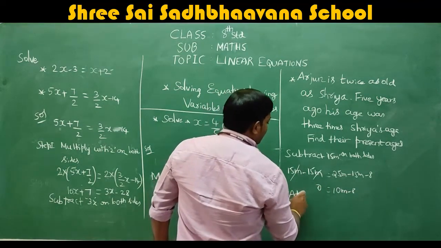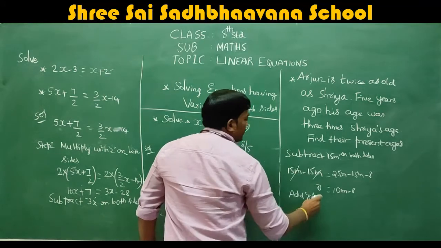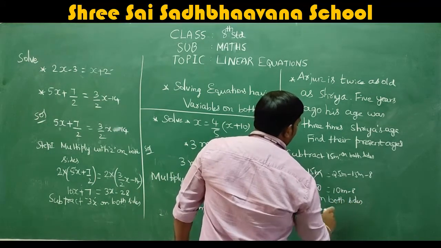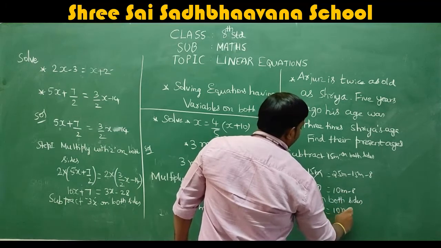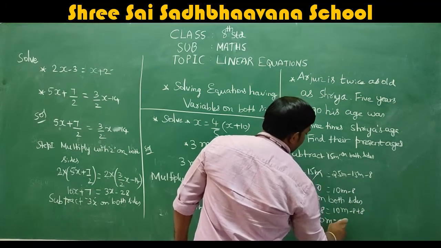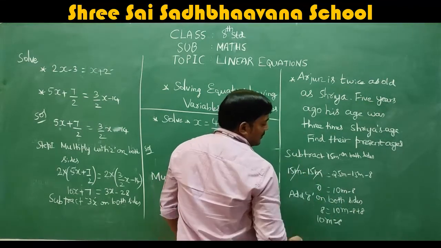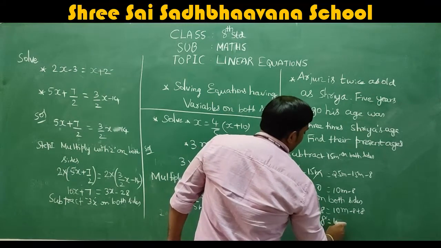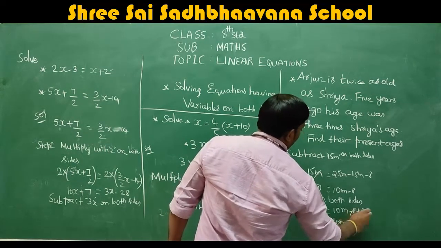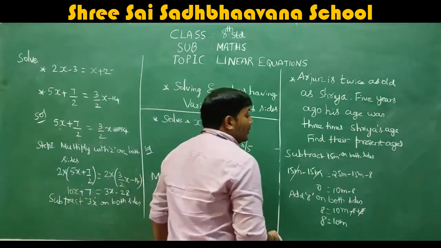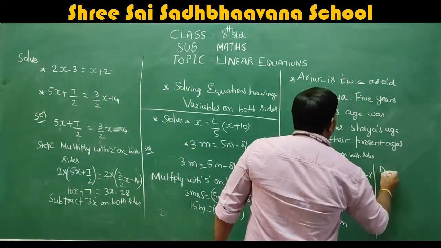Now add 8 on both the sides. Okay, if you add 8, what happens? It becomes 8 is equal to 10m minus 8 plus 8. So 10m is equal to 8, we can write. You can change this. Okay, are you getting confused? Leave it. No problem. Write 8 is equal to 10m only. Minus 8 plus 8 will get cancelled. And we need m value. So again, what we have to do?